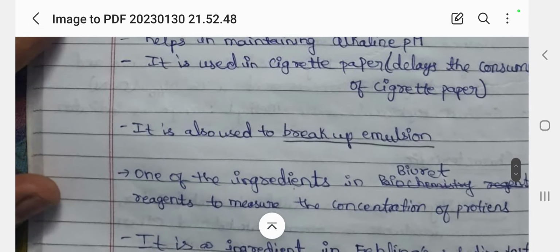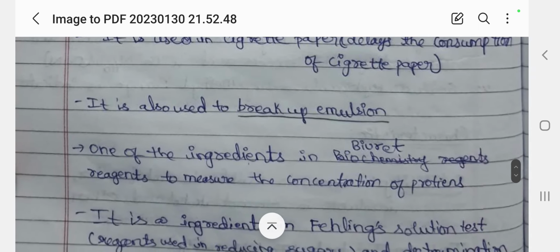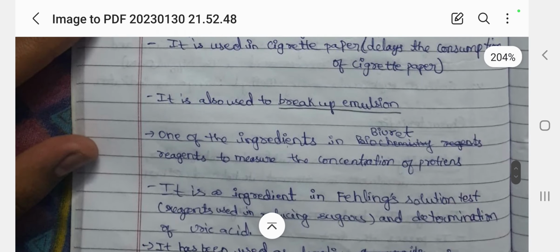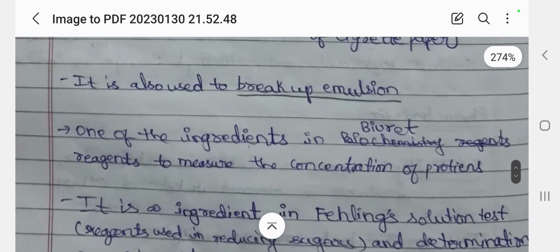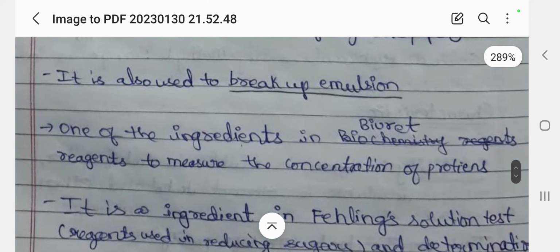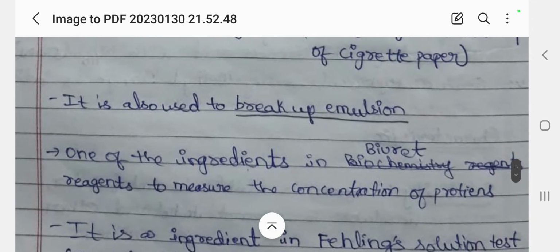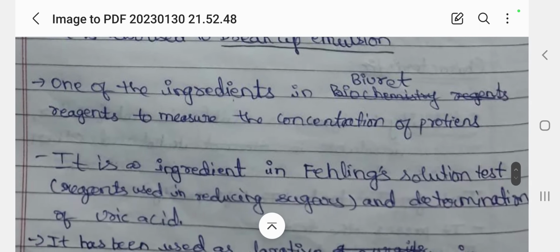It is also used to break up emulsions. Emulsions and suspensions are formulations you may study under pharmaceutics. Here sodium potassium tartrate is sometimes used to break up the emulsion.